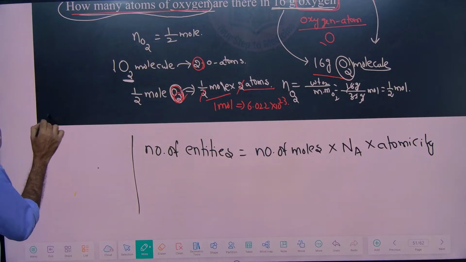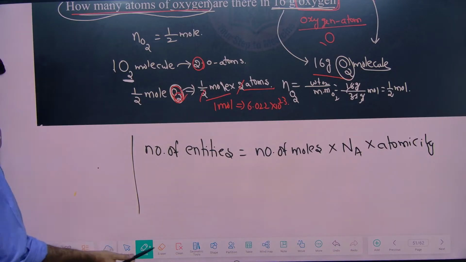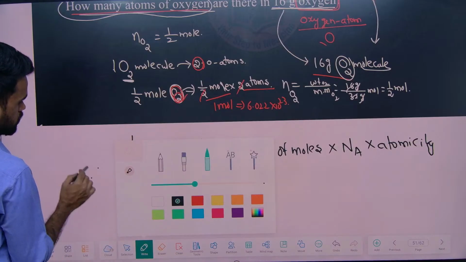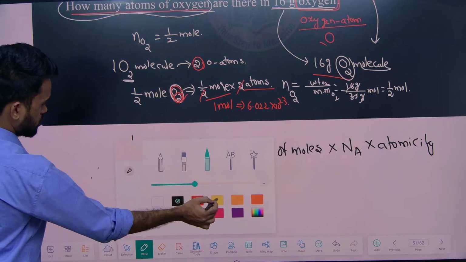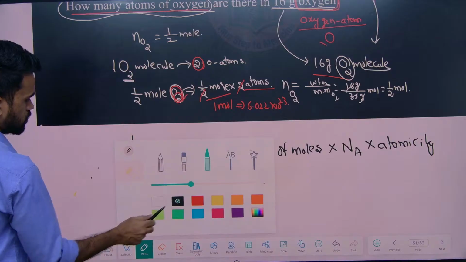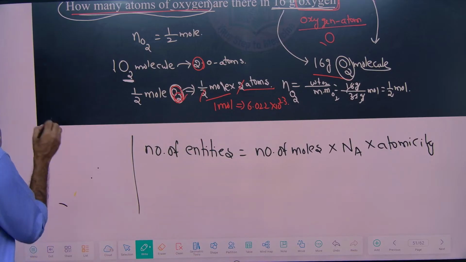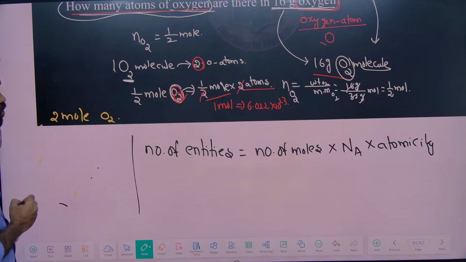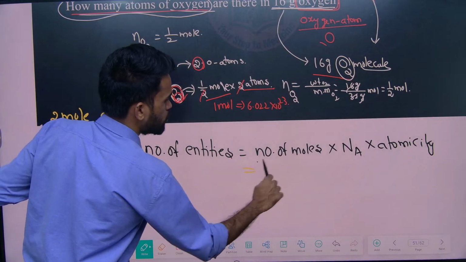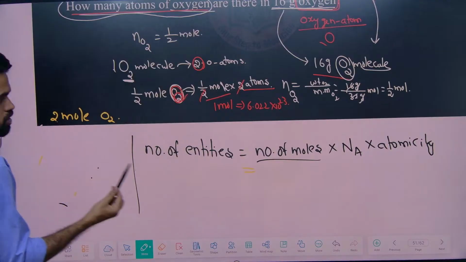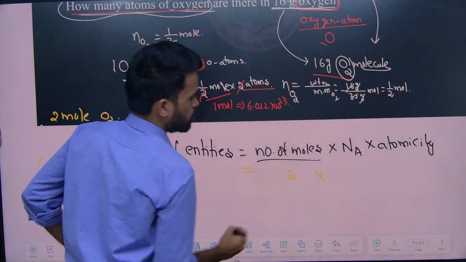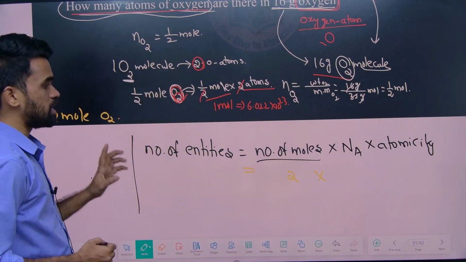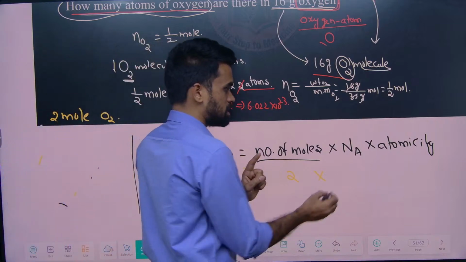2 moles O2. So what does it mean? How many moles did I mention in the question? 2 moles. So 2 into moles. 2 moles means we know 1 mole contains Avogadro number.